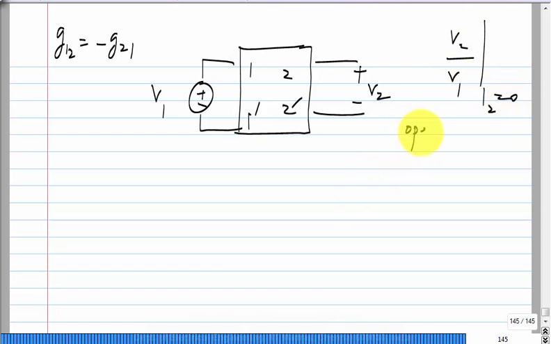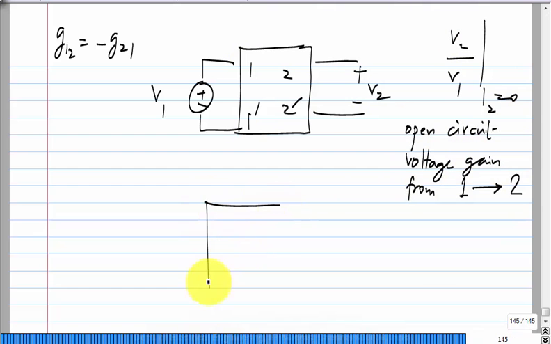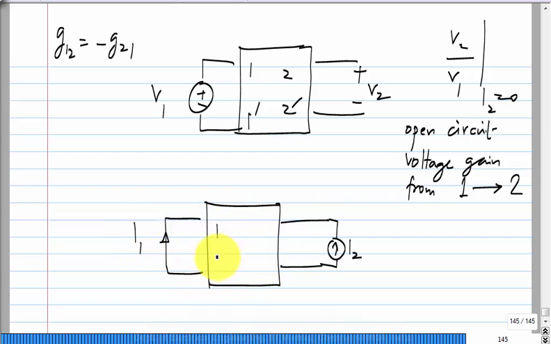So, this is the open circuit voltage gain from 1 to 2, and that ratio will be the same as the negative of the current gain, the short circuit current gain in the opposite direction. Okay.